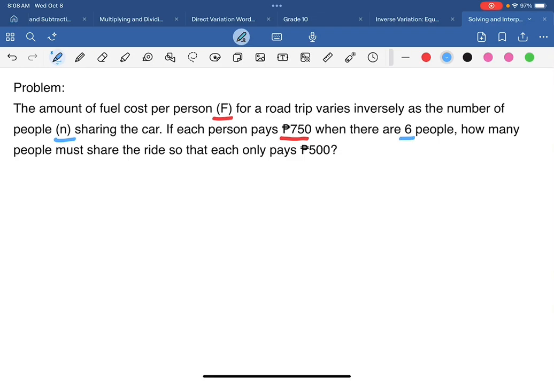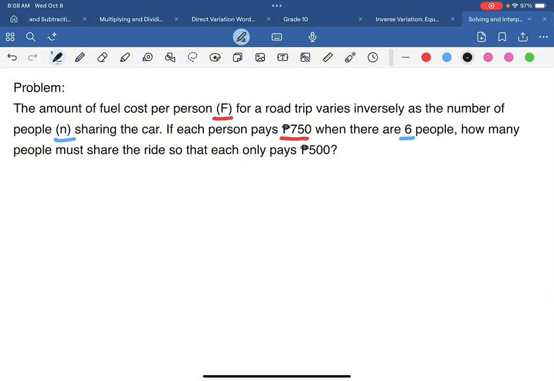Now, based on the second part of the problem, how many people must share the ride so that each only pays 500? So without solving it, we can conclude that it will take more than 6 people to share the ride so that each of them only pays 500.